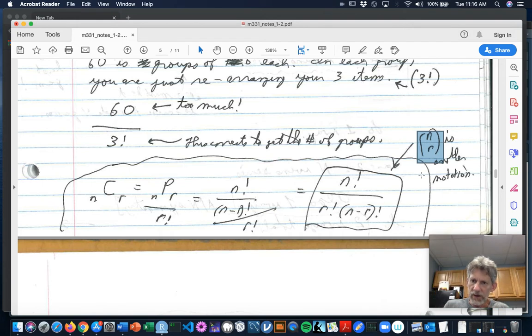It's one set of parentheses, n on the top, r on the bottom, no fraction line or anything like that, because it's not a fraction. And that just stands for the number of combinations of n things taken r at a time. It's often called n choose r, for quick and short.